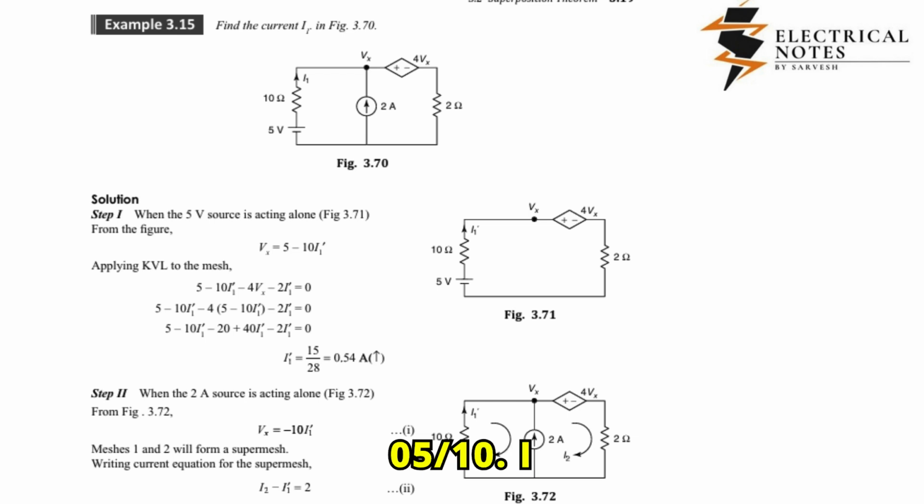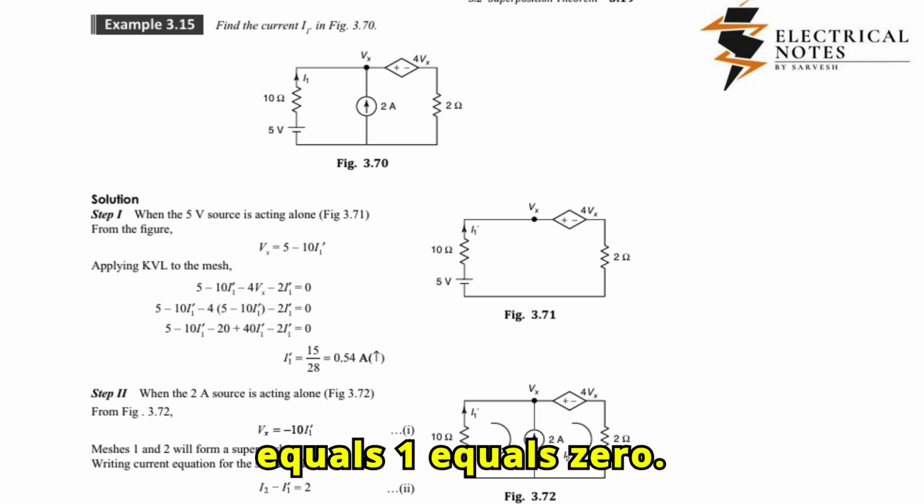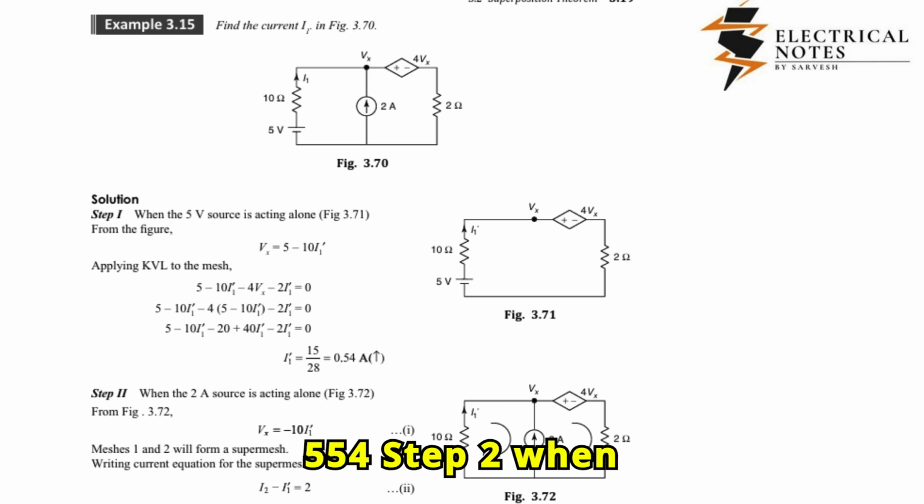Substituting Vx, 5 minus 10I1 plus 20 minus 40I1 minus 2I1 equals 0, and solving for I1.